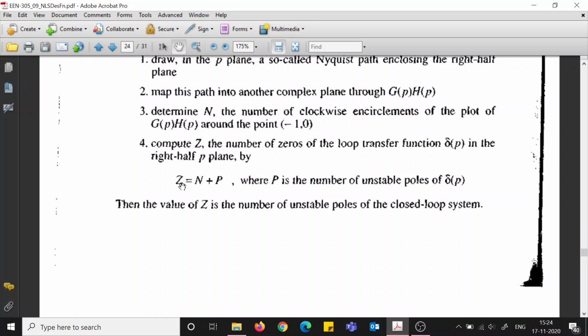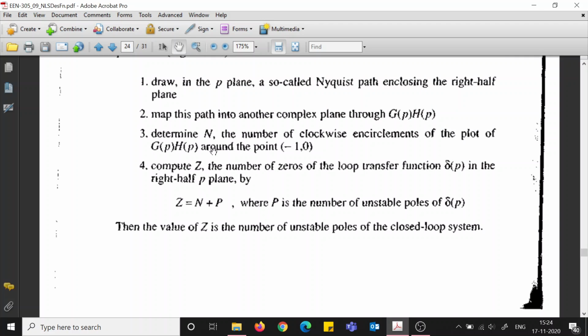So there we have to see the encirclement of the point -1, and this we already know.